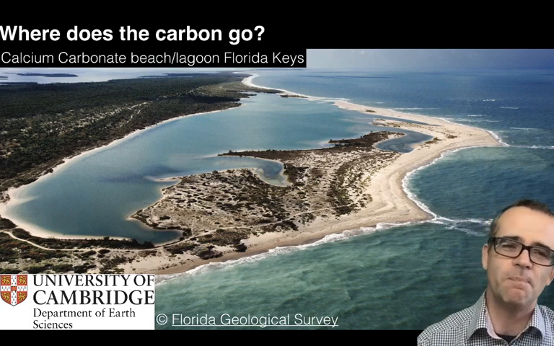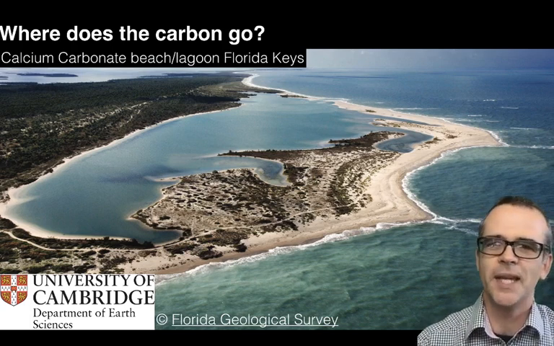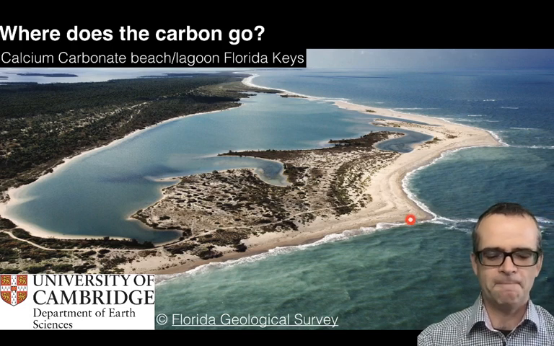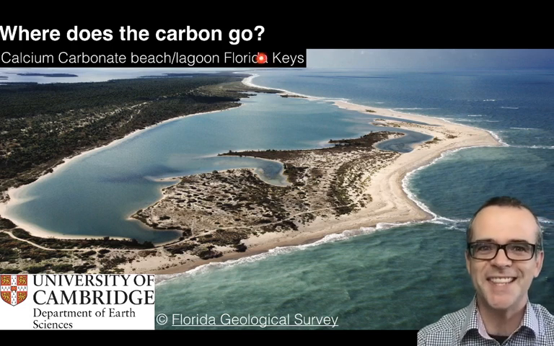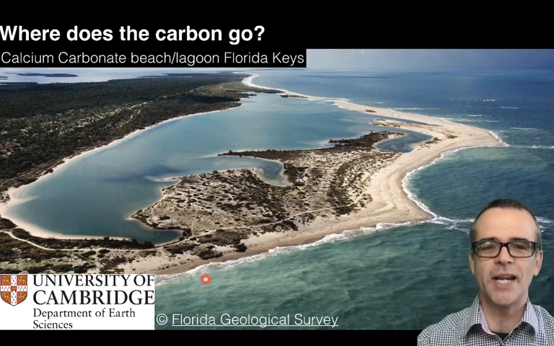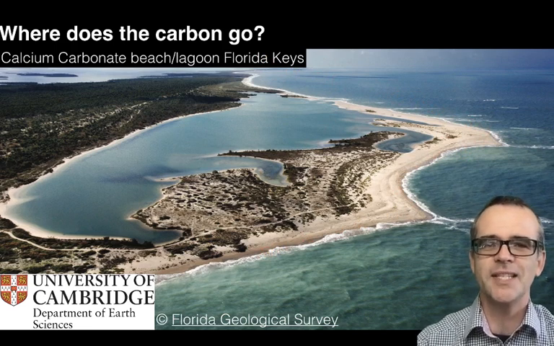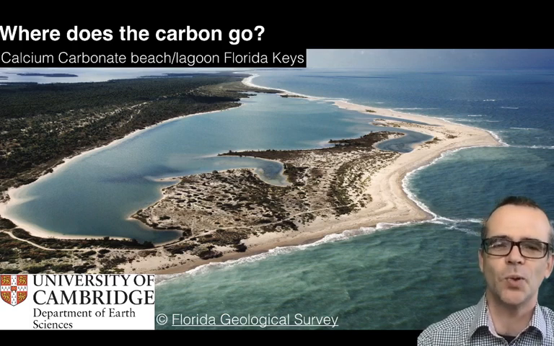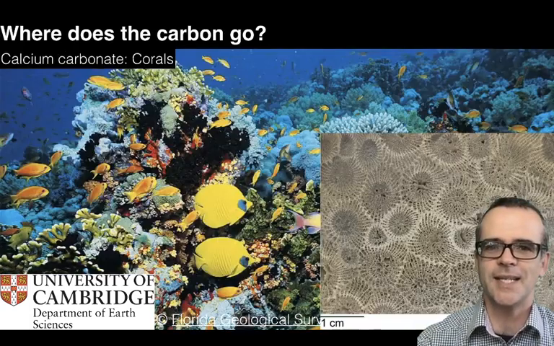Here's an example of abundant calcium carbonate forming in the present day, in this case in the Florida Keys, and these beautiful white apparent sands that we've got here. These are not actually grains of sand at all. These are grains of calcium carbonate which are forming, and calcium carbonate, of course, contains carbon dioxide, CaCO3.